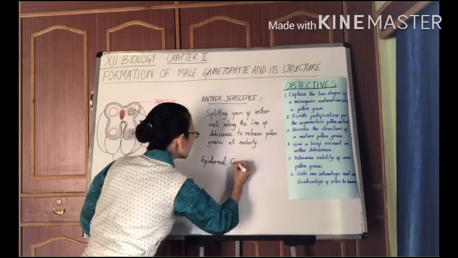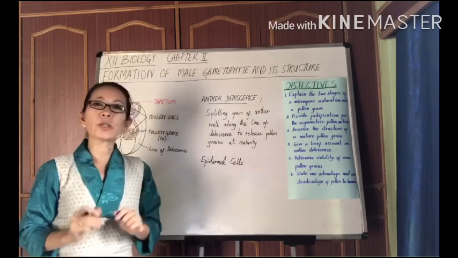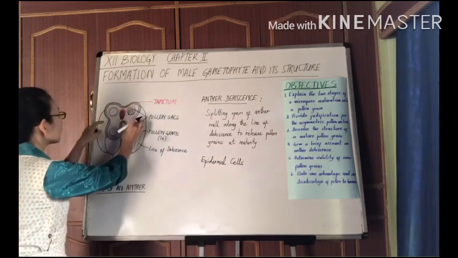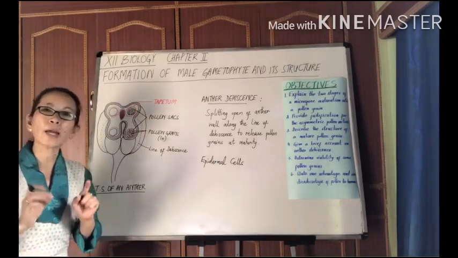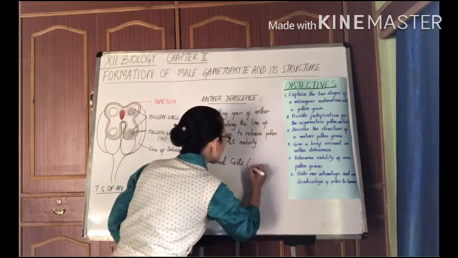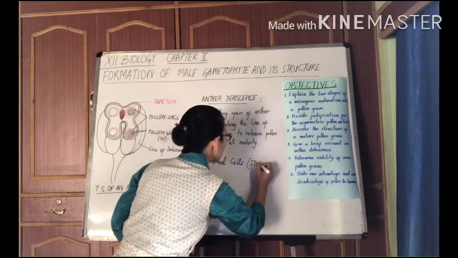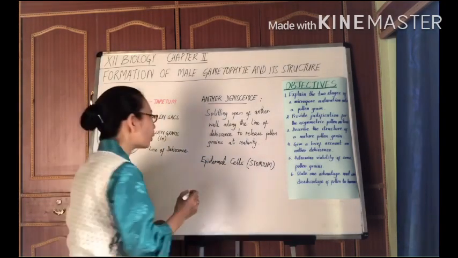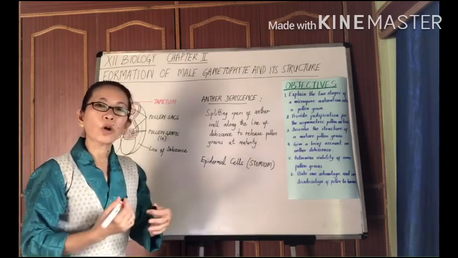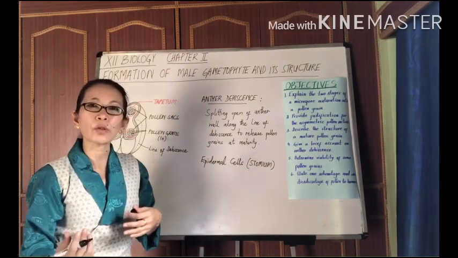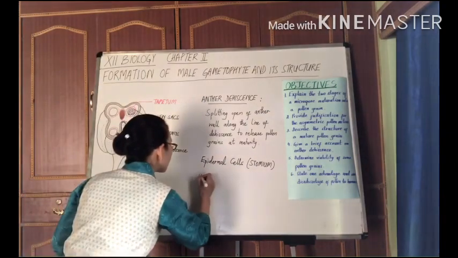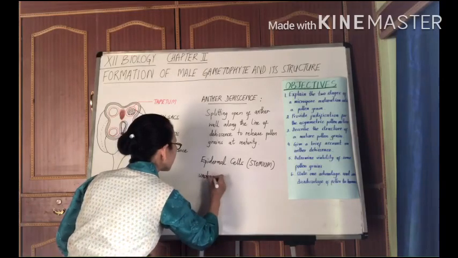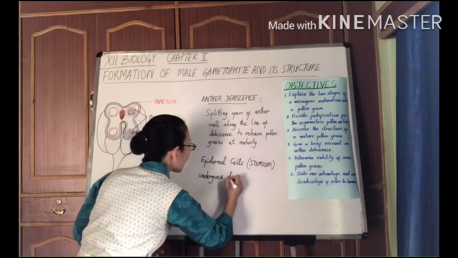So the epidermal cells, especially across this region, that is the line of dehiscence, which is called the stomium, would be undergoing dehydration and degeneration. Okay, so it undergoes dehydration.